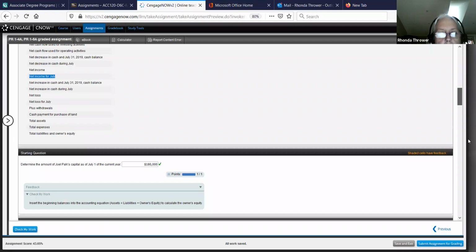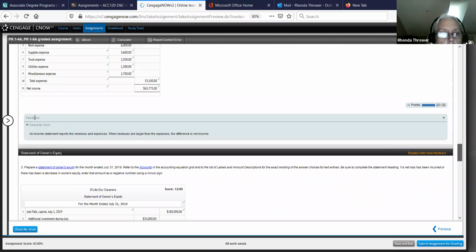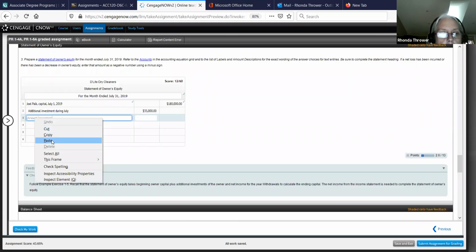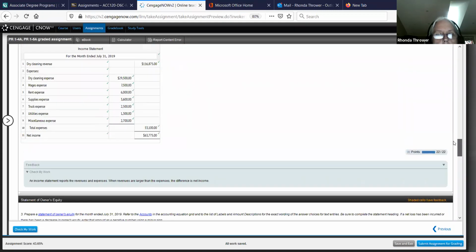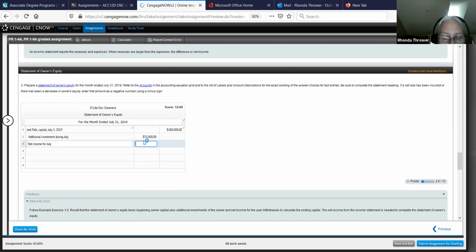But if you don't put that for July in there, it's going to mark it wrong. So let's make sure we put in the right thing. That's why you copy and paste. The net income amount comes from our income statement, which was $63,705. So we've accounted for the owner's investment. Any revenue and expenses were combined together to get the net amount for net income.